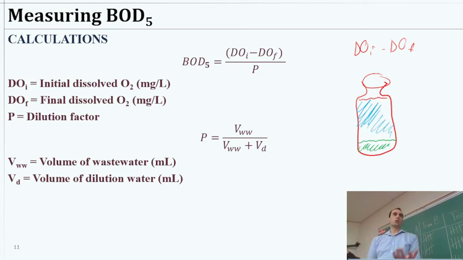So we're filling this with some total, and the total is typically going to be 300 milliliters, but it's definitely equal to the volume of the wastewater plus the volume of the dilution, right? That's all this thing is saying. So the dilution factor, P, is what portion of the total is the sample.